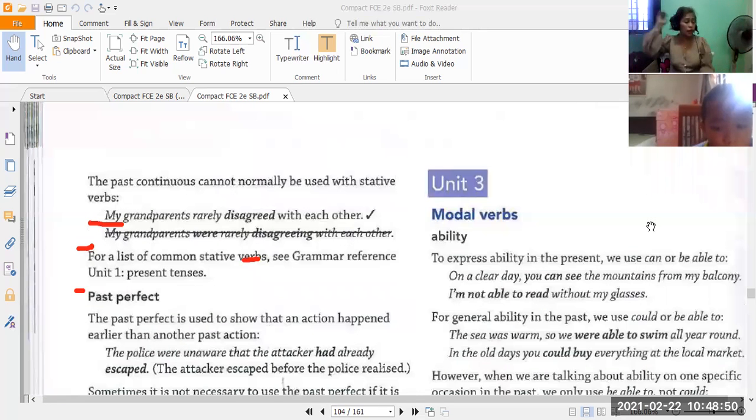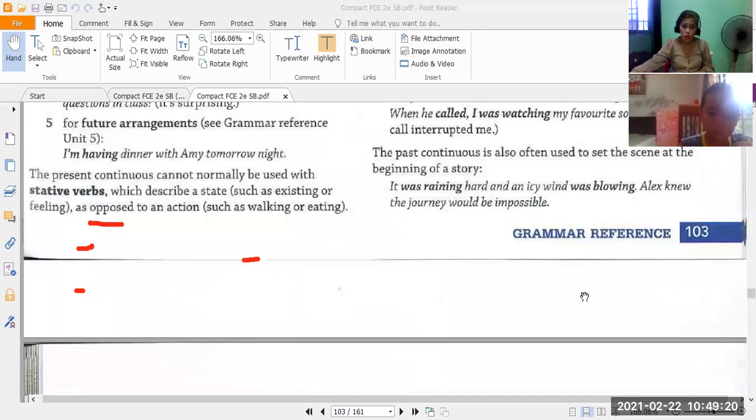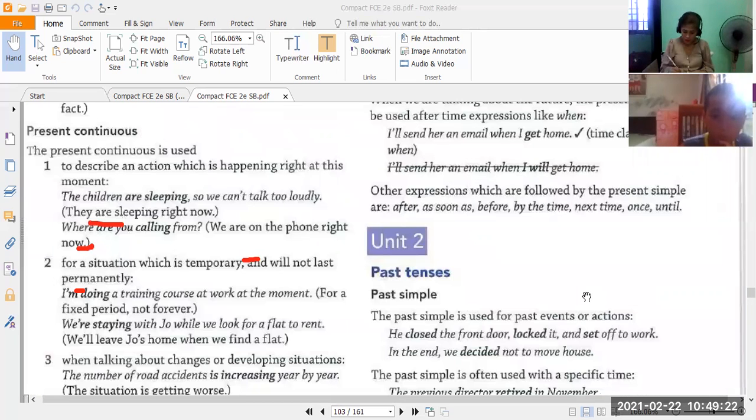So we are talking about unit 2. Unit 3 we will talk about tomorrow; it is about modal verbs, because now we are on unit 2. Unit 2 is about past tenses.